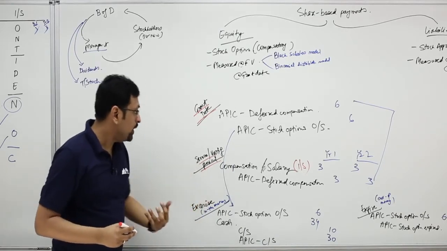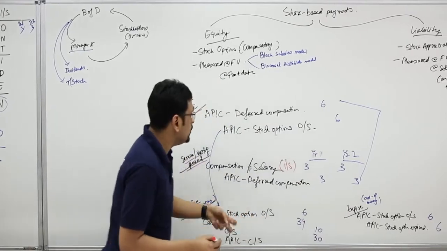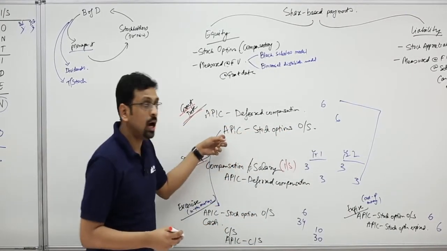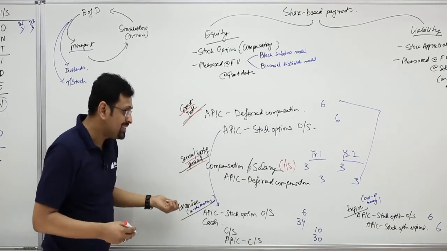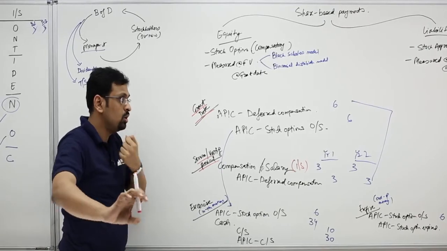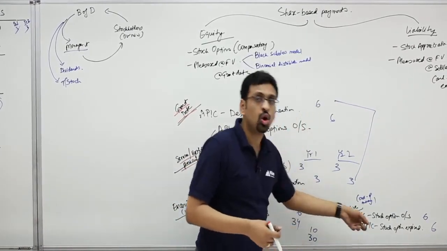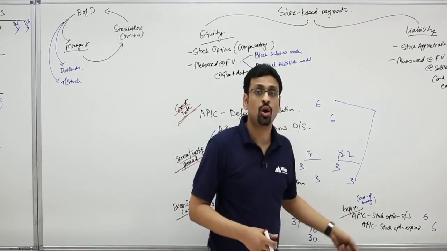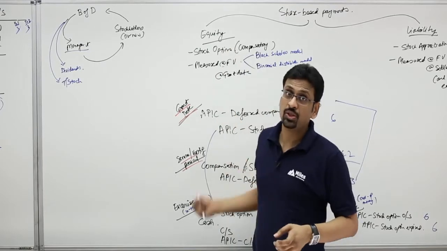Then finally, when the option is exercised or expires, you reverse off the stock option outstanding because it's no longer outstanding now. If it's exercised, some cash comes into the entity and the entity issues common stock. If it's expired, you simply park it into stock option expired, APIC stock option expired. So that was about stock options.